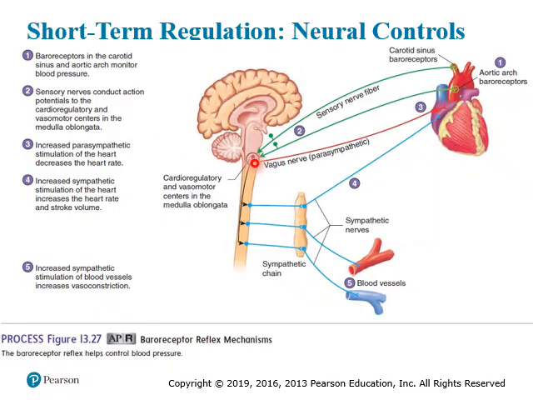Increased parasympathetic stimulation of the heart will result and is going to be delivered via the vagus nerve. Increased sympathetic stimulation of the heart increases the heart rate and the stroke volume, and increased sympathetic stimulation of blood vessels will also be affected. It will cause vasoconstriction.